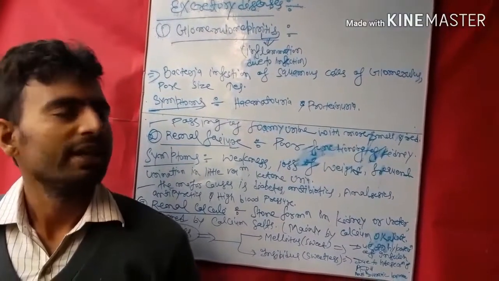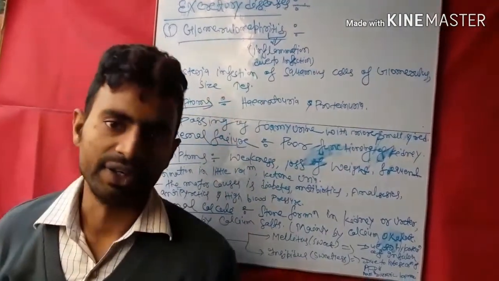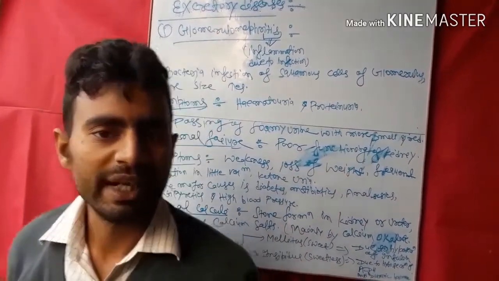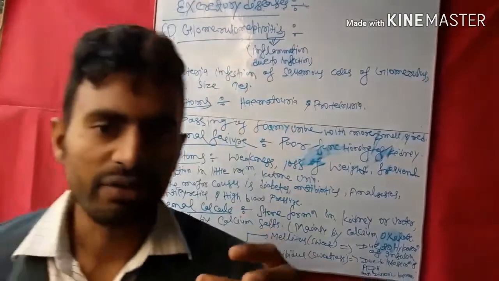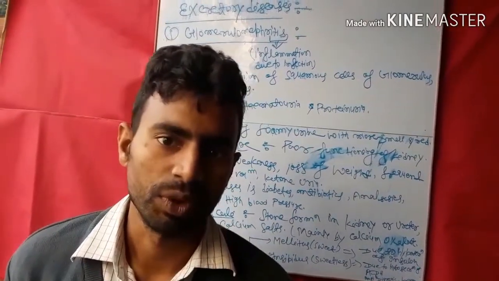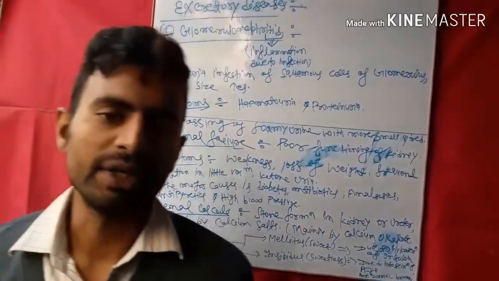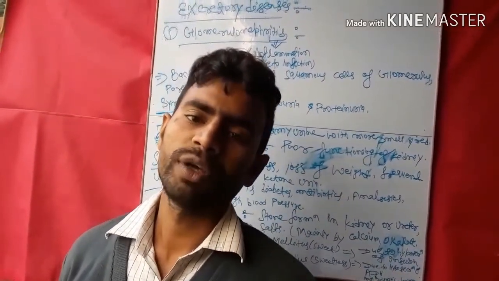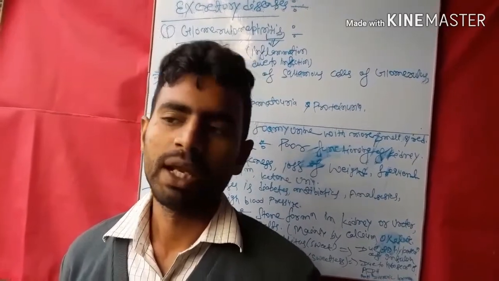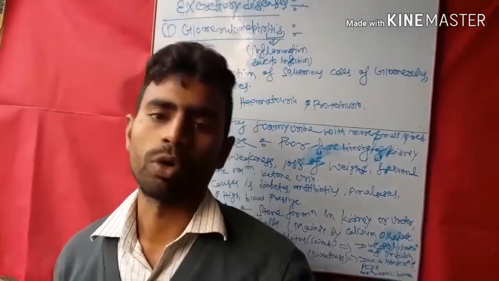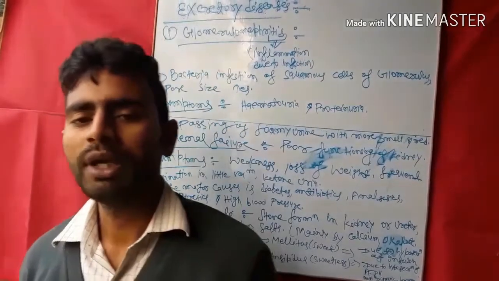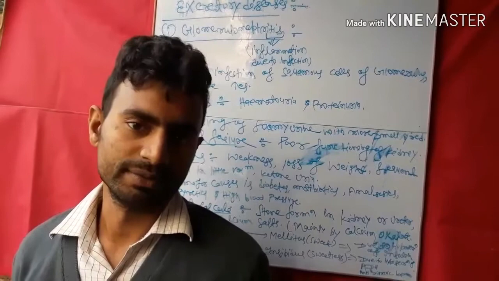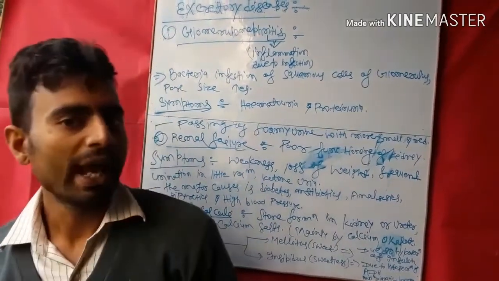Today's topic is the excretory diseases. In that, the first disease is glomerulonephritis. This word is made from two words: glomerulo and nephritis. Nephritis is made from the word nephron, and you know very well that the nephron is the unit of the kidney.